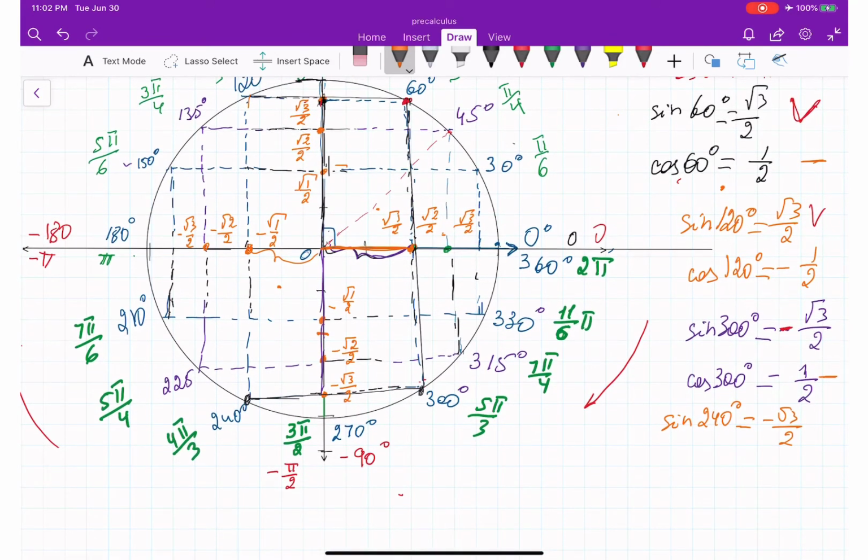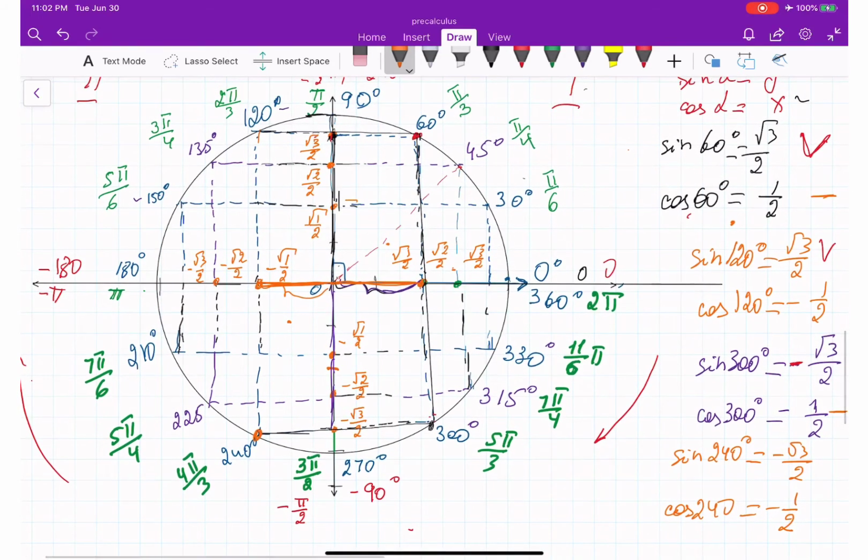And cosine 240 degrees, which is this one, it's going to be negative 1/2. So 240 degrees shares the same cosine, meaning same x, with 120 degrees, right?